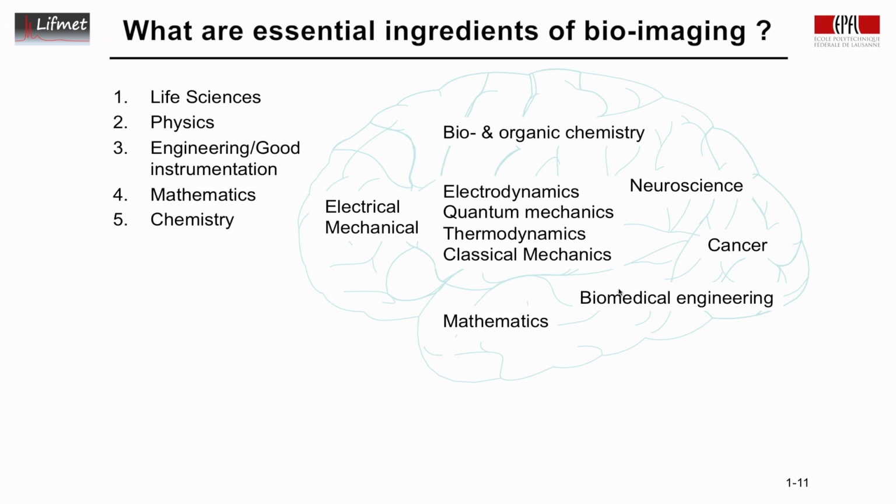But what is fascinating and what brought me into this field is the ability to interact with such diverse disciplines, to work really at the interface of all these different disciplines, to learn from them, and to adapt what we learn. We take what we need in cancer or neuroscience, for example, and see how it impacts instrumentation, the engineering, what we want to measure, the mathematics, or the compounds whose distribution we'd like to image, working with chemists on synthesizing or developing those compounds.